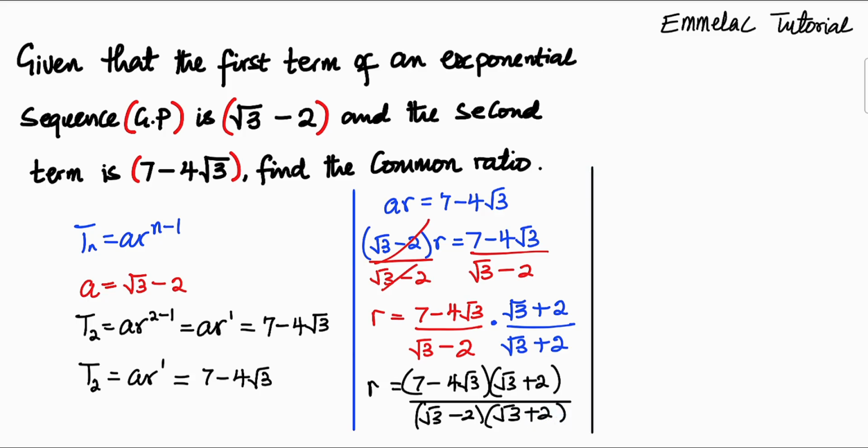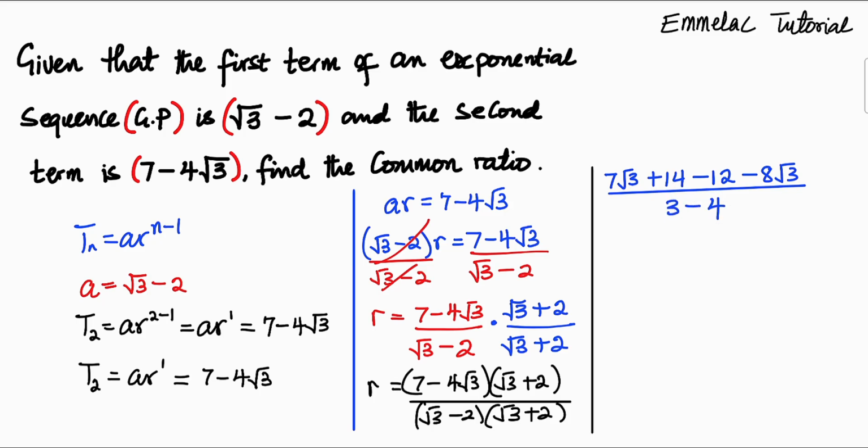Now when we expand the brackets for the numerator and the denominator, we have here 7 root 3 plus 14 minus 12 minus 8 root 3, all over 3 minus 4.